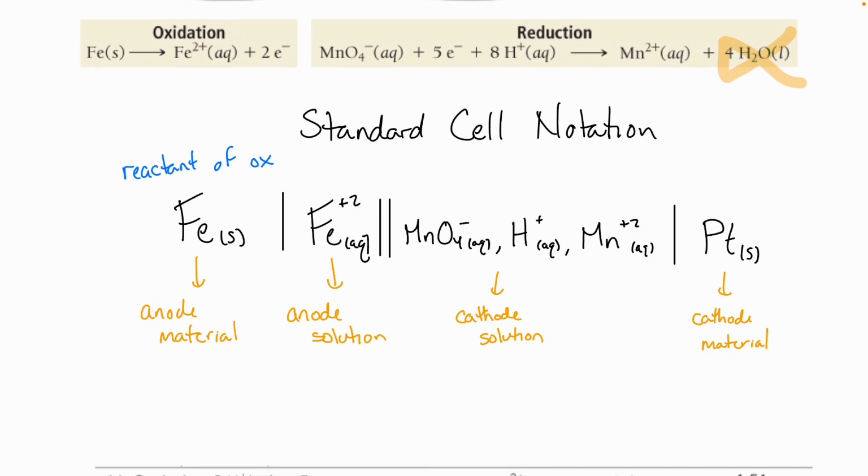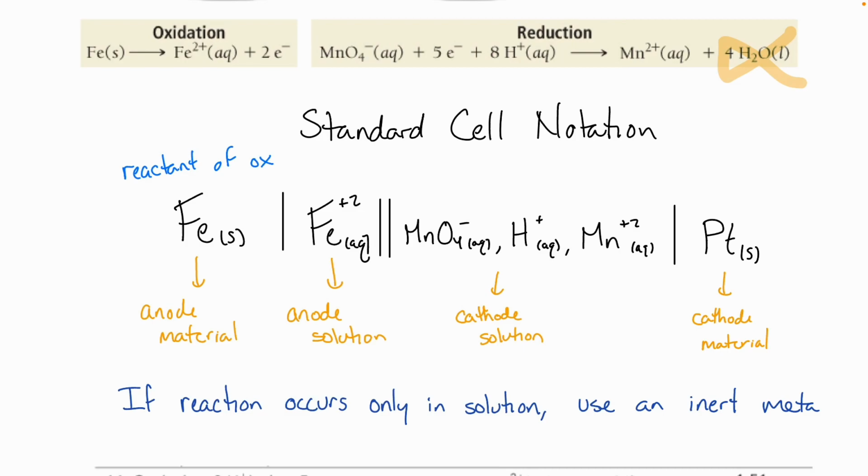Okay. So the bottom line here when we're doing our standard cell notation is if the reaction occurs in solution, or I guess we can say only in solution, use an inert metal, which again, we're just going to default to platinum.